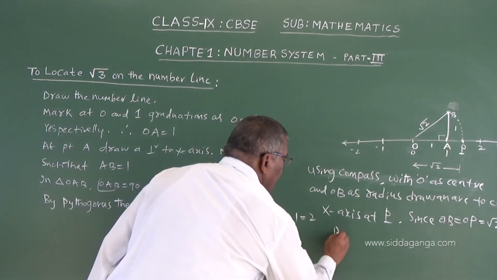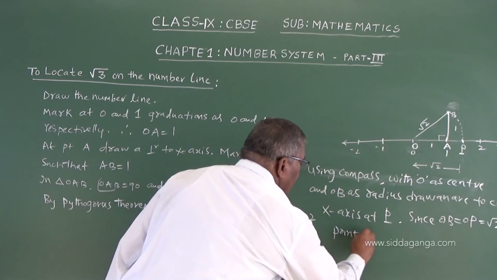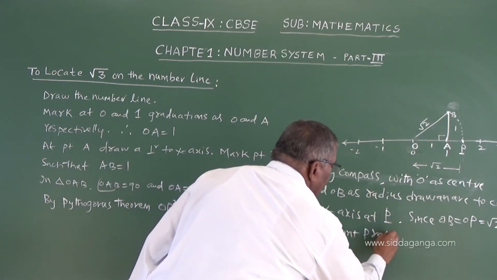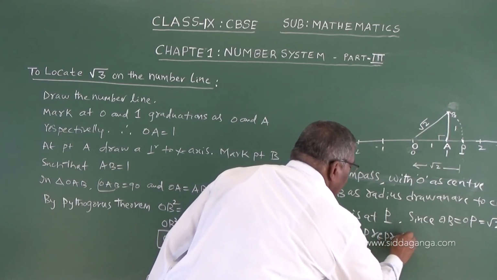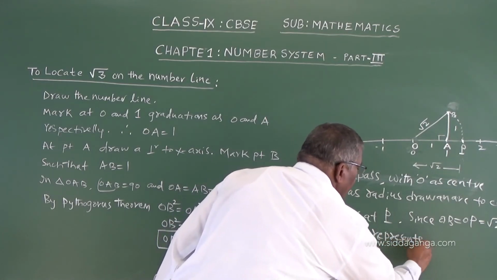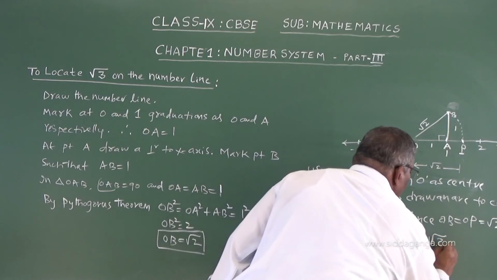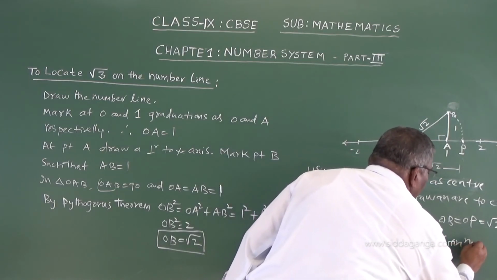Point P represents root 2 on number line.